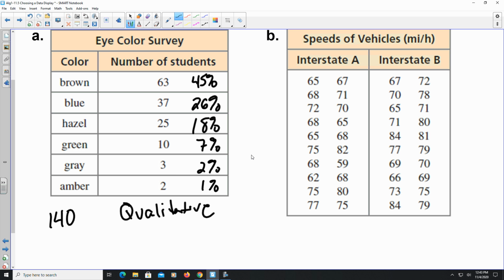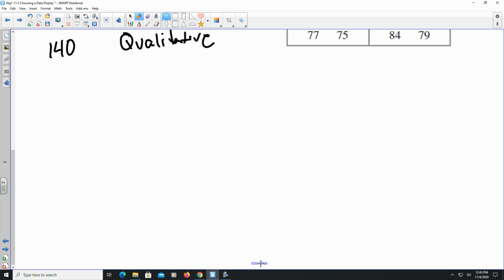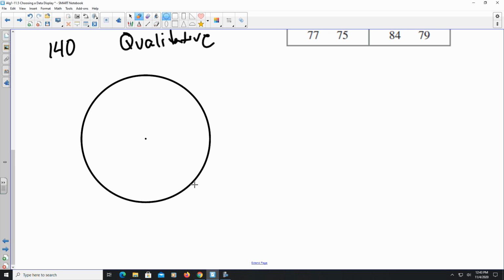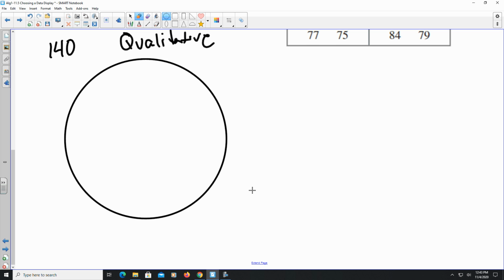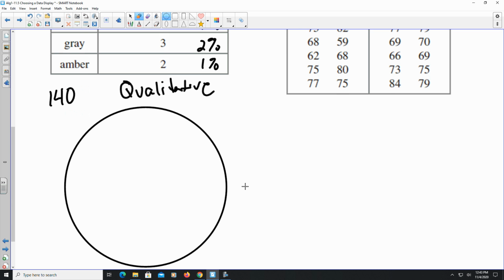So here's my circle, and let's say here's the middle.